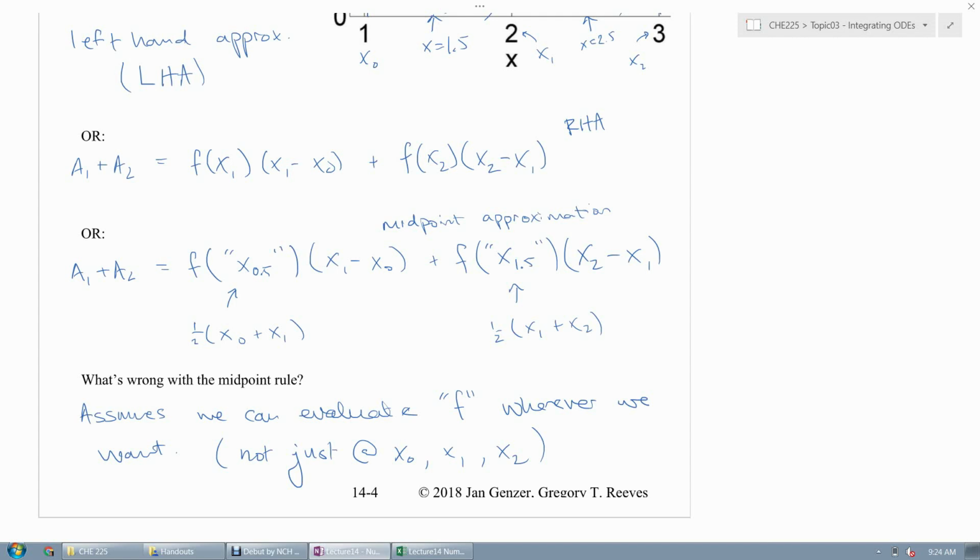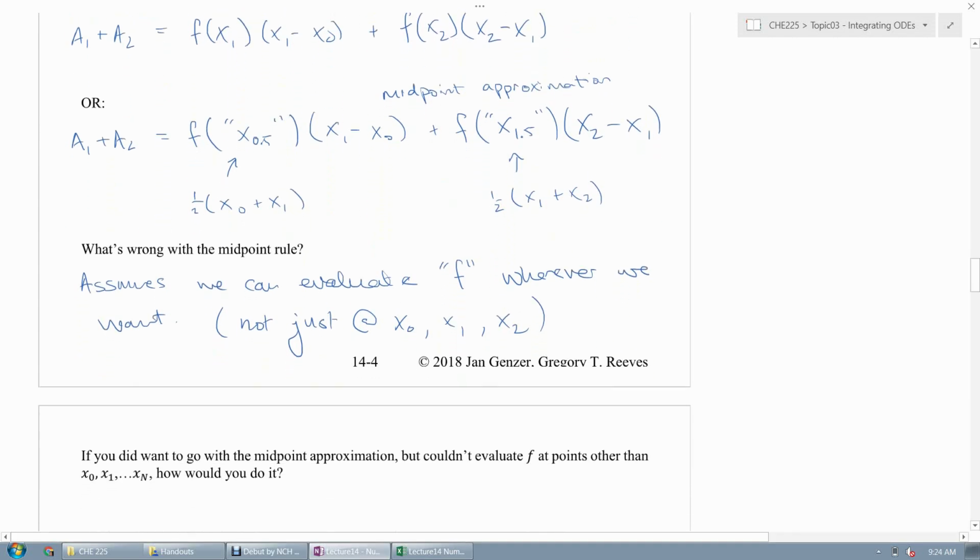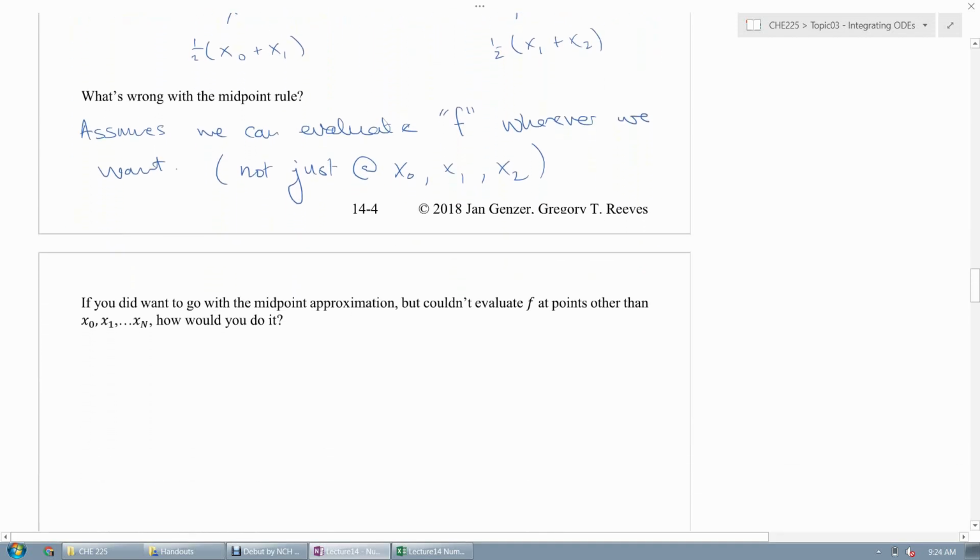Again, what if you have experimental data points, or if it's really, really expensive to evaluate f at multiple points, and it takes a lot of computation to do so, so you want to avoid that as much as possible, and you already have a certain number of points that you've been given, or that you had to calculate for other reasons. So we want to avoid evaluating the function at other points.